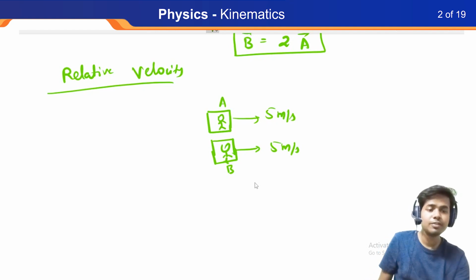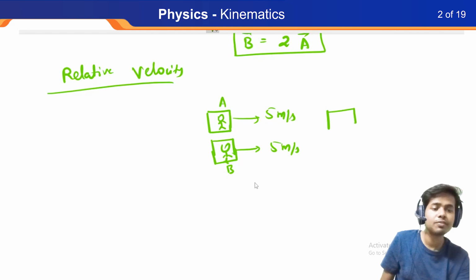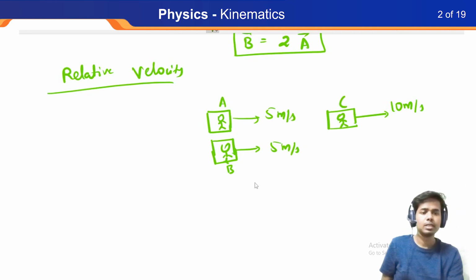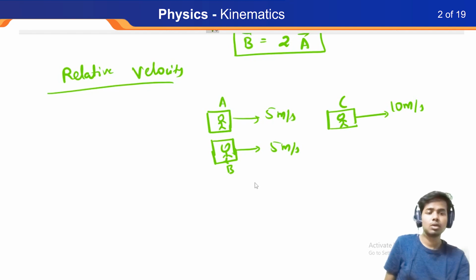And let's say you have another friend in another car which is ahead of you and moving at 10 meters per second, say a friend C. What will you see? What should be the velocity of C? Should it be 10 meters per second?